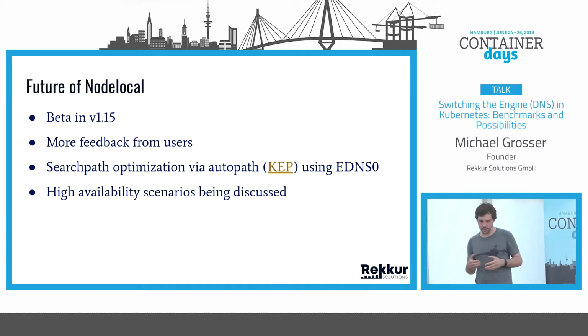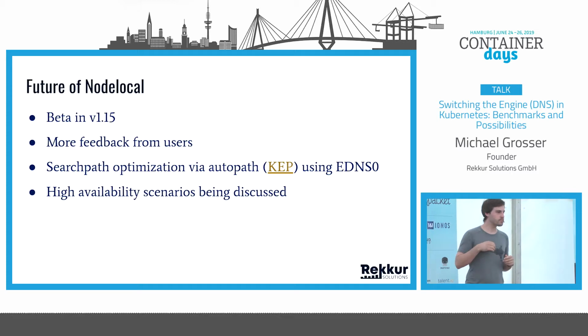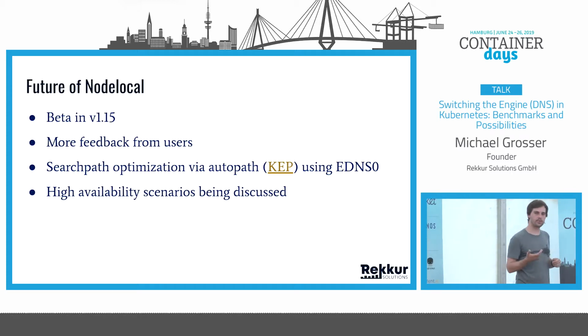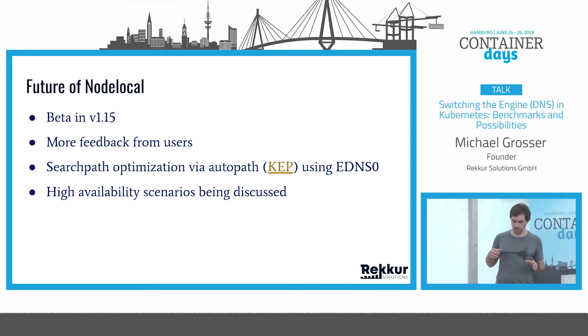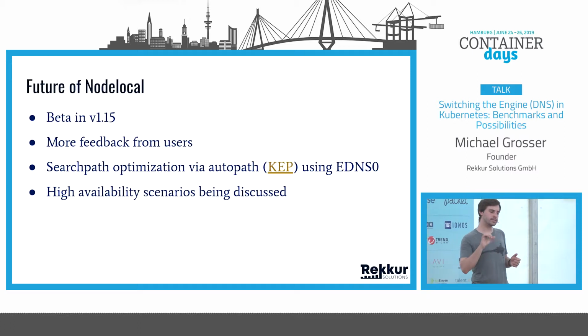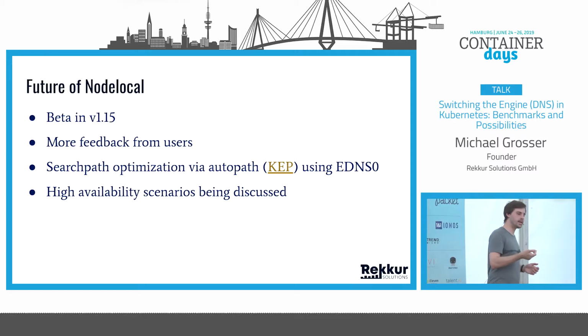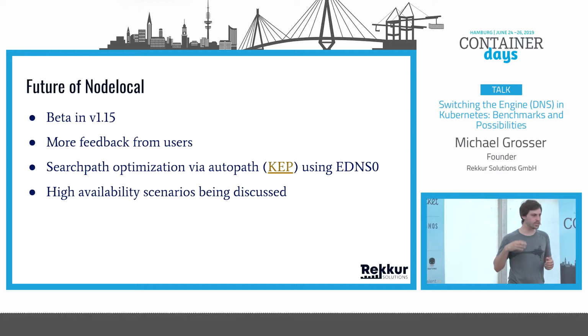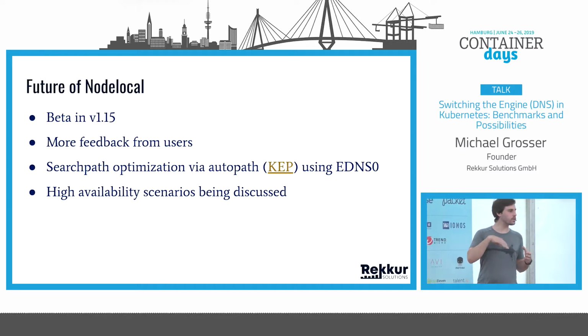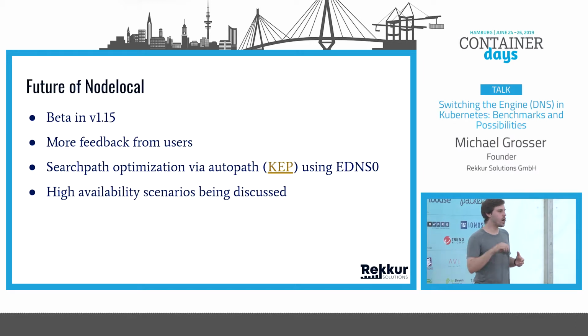Especially, there are 2 proposals. One is called AutoPath. We talked about the search path problem in Kubernetes, and one idea is using EDNS0, which is the possibility to add metadata to a DNS query. We use that to do the resolving of the search path on the server side.